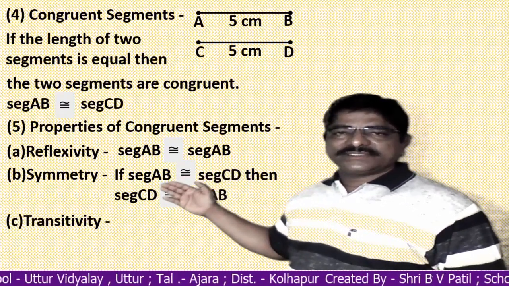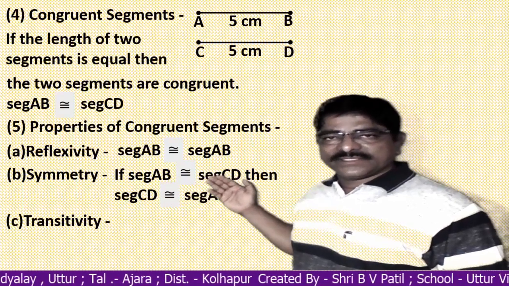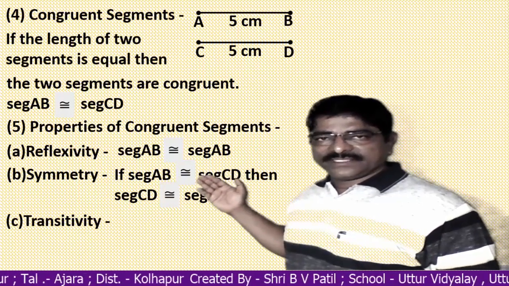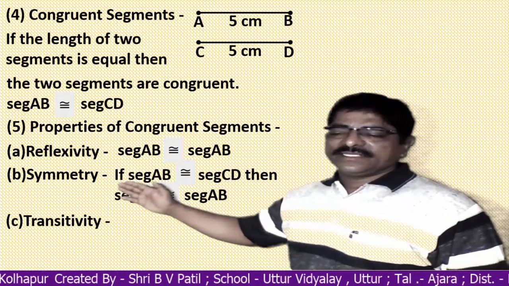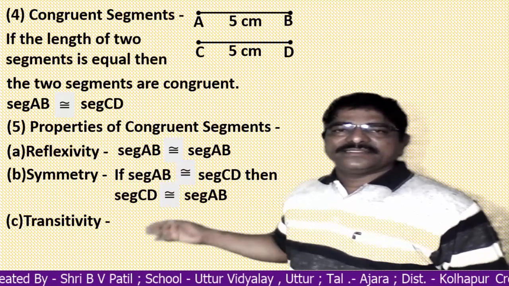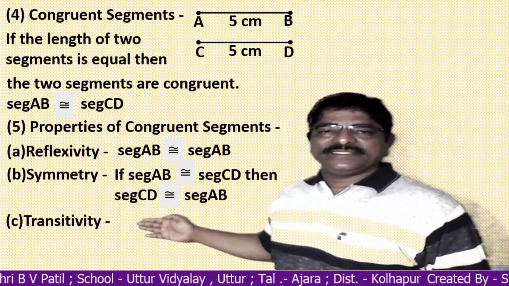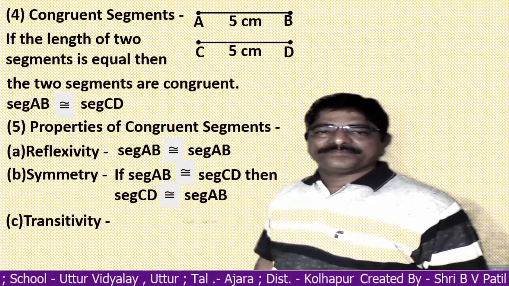That is, if the first segment is congruent to the second, then the second is congruent to the first. That is called symmetry. Third is transitivity, sankramakta.